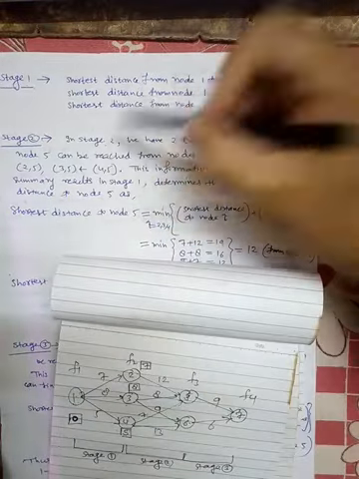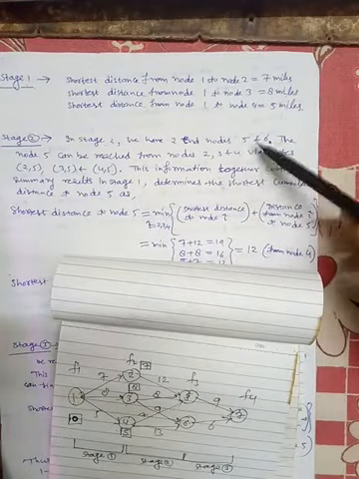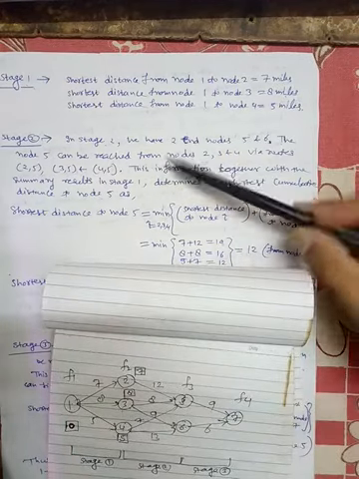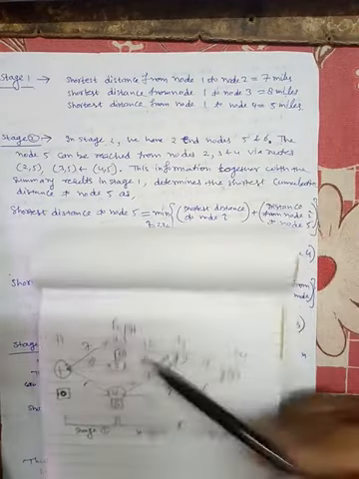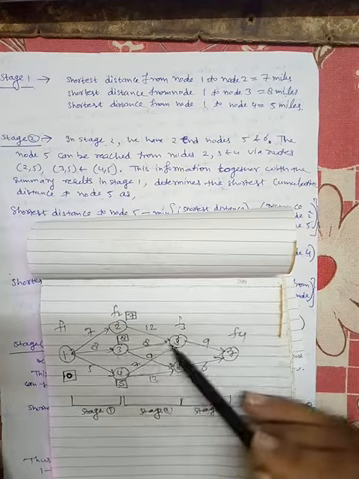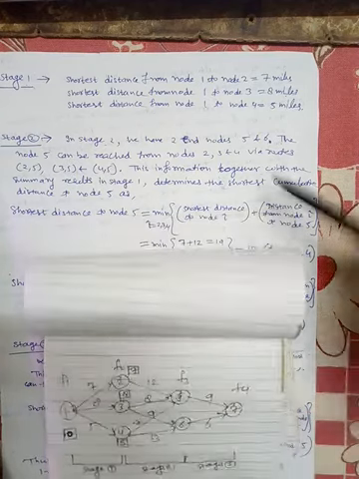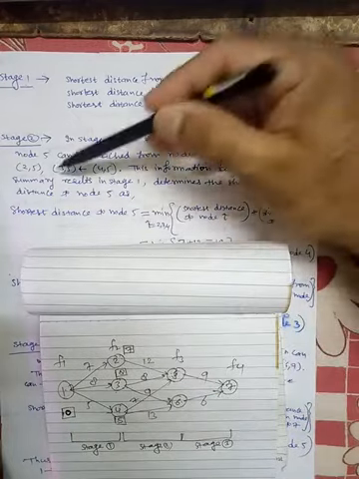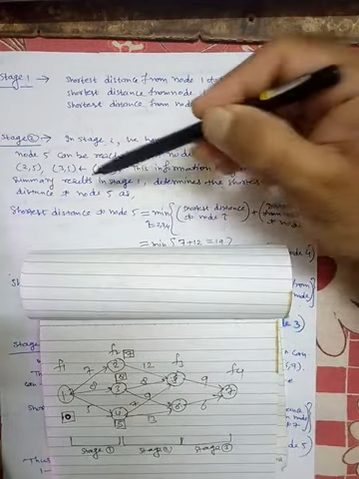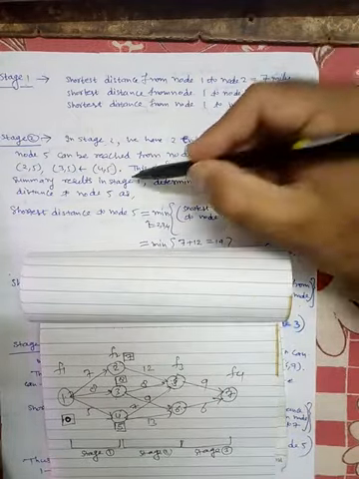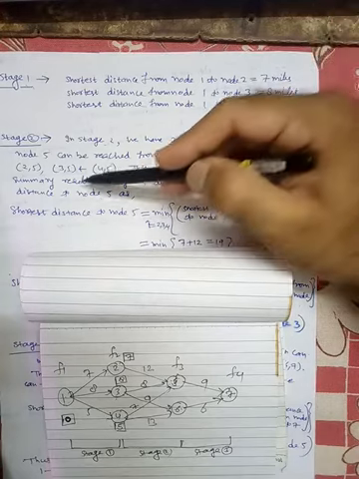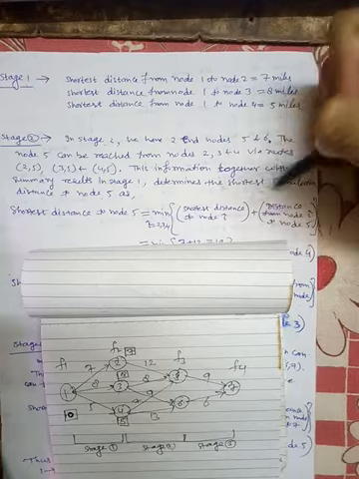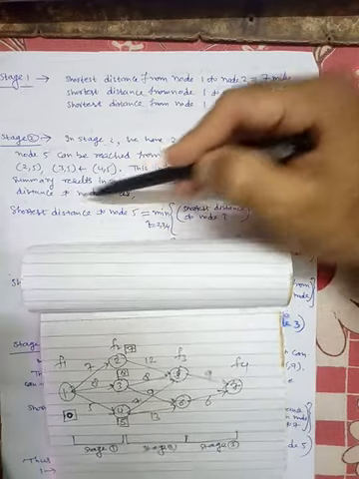That's why in stage 2 we have two end nodes, 5 and 6. The node 5 can be reached from nodes 2, 3 and 4. You can move via routes 2-5, 3-5, 4-5. This information together with the summary result in stage 1 determines the shortest cumulative distance to node 5.